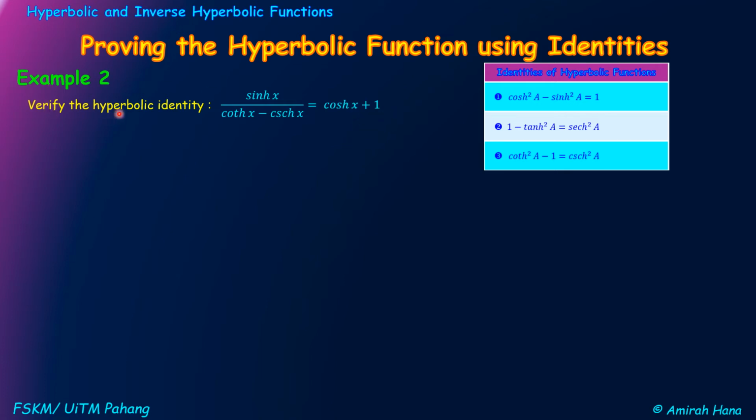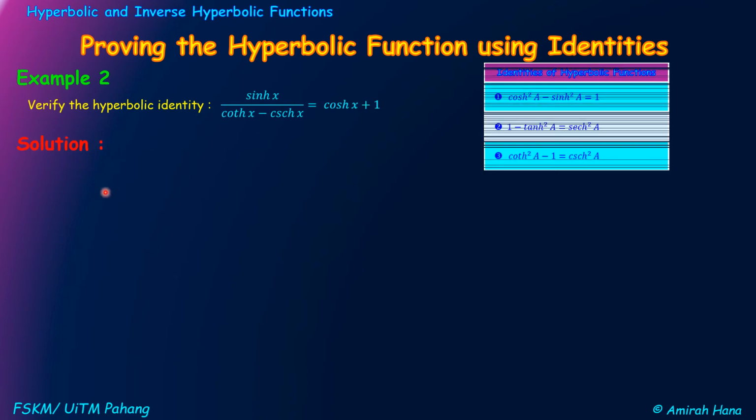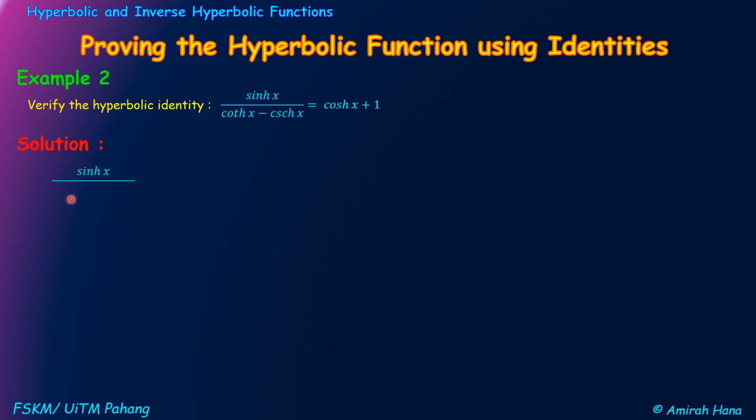To verify left-hand side equals right-hand side, first, let's say we start with the left-hand side function, which is sin x over cos x minus cosec x. And then we equate the last row to what we want to verify, which is cos x plus 1.